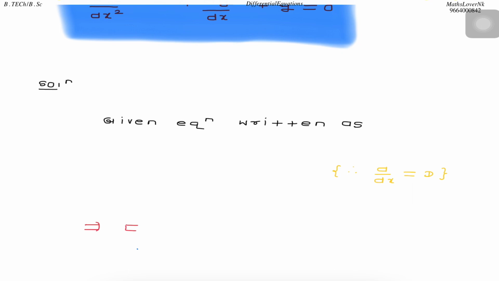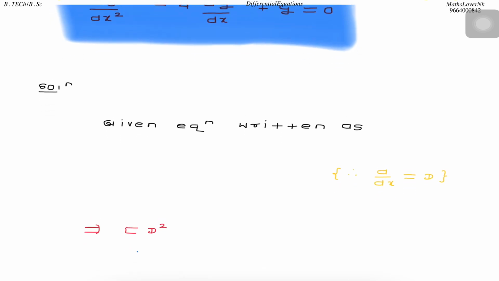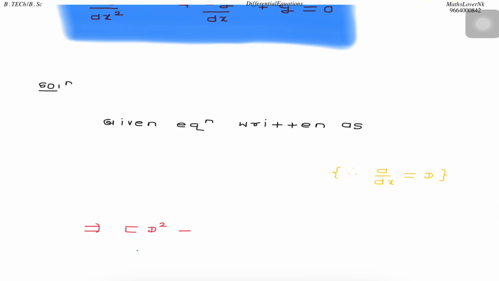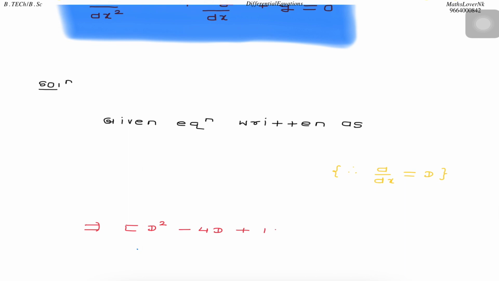Take out the y as common: D square minus 4D plus 1, y is equal to 0.